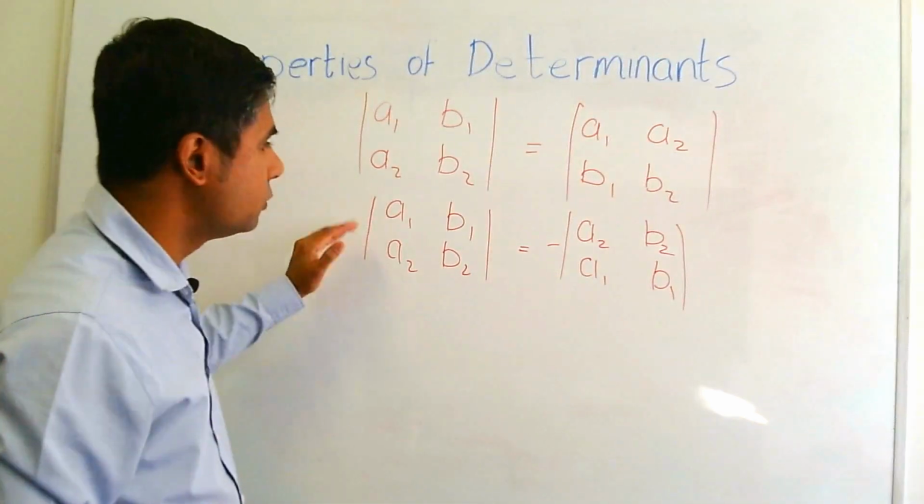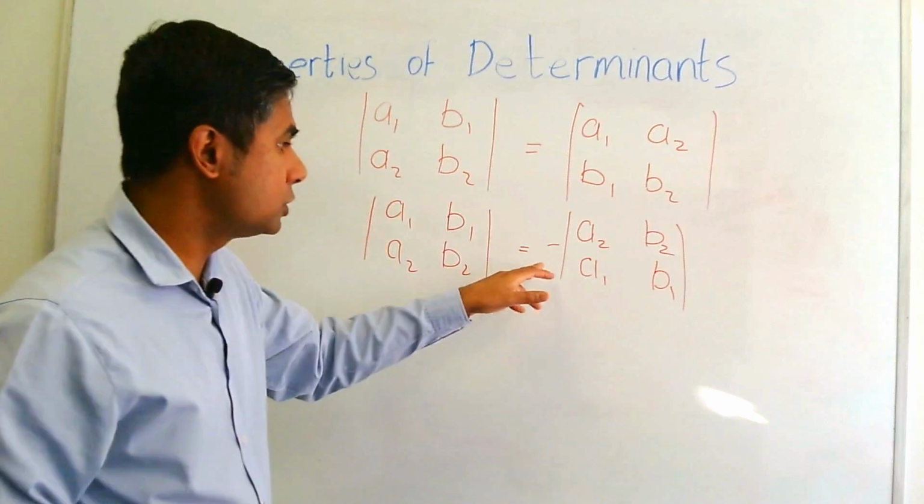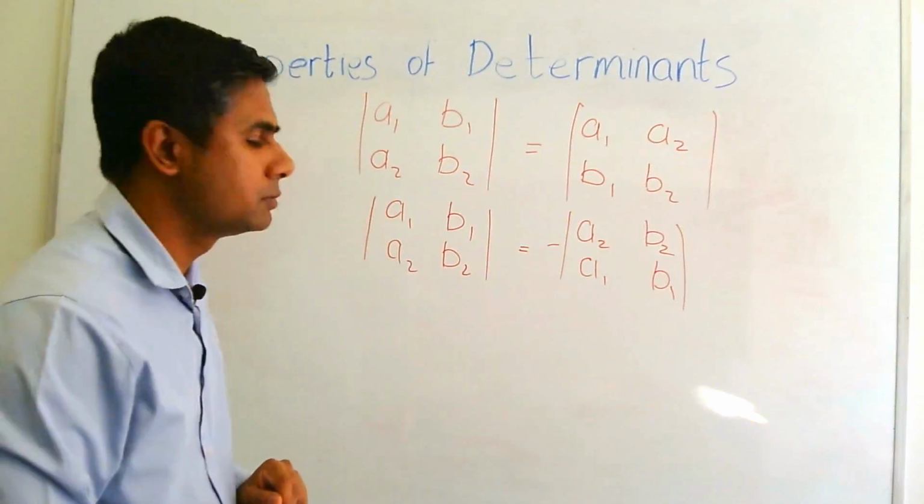If we swap any of the rows or any of the columns, we're essentially changing the sign of the determinant.